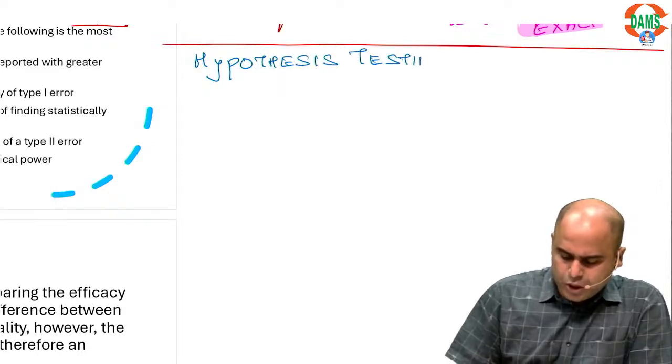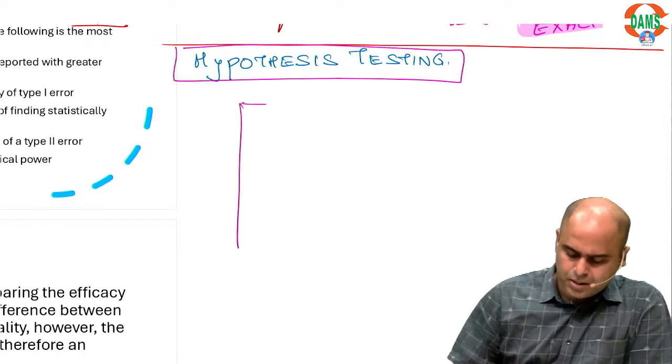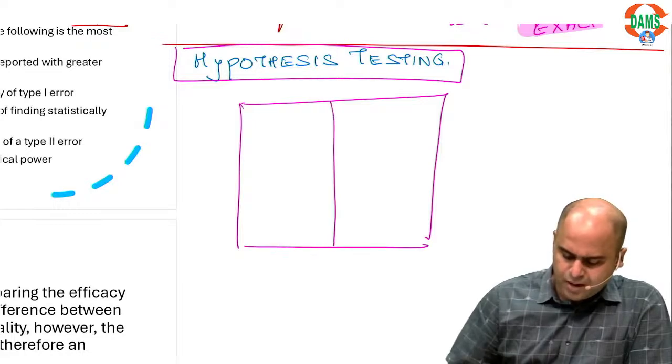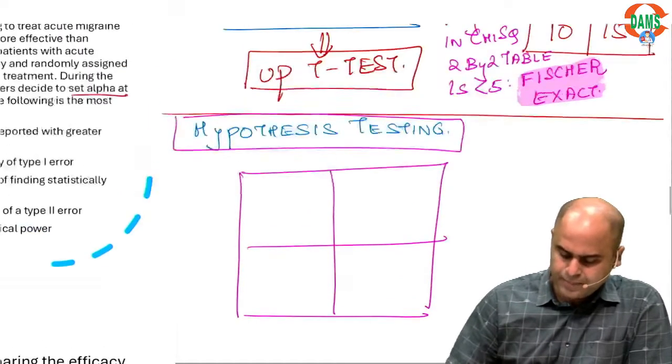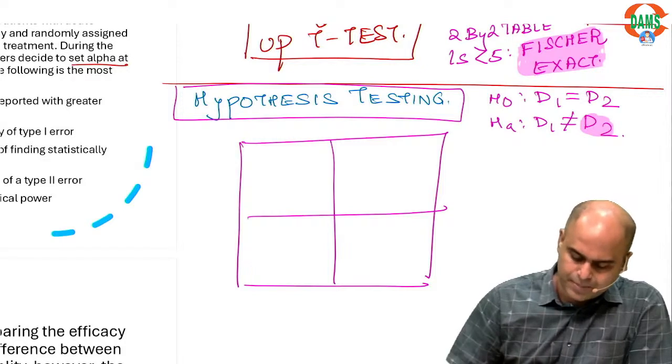So when we talk about the hypothesis testing table, we have a 2/2 table again. Null hypothesis, suppose drug 1 equal to drug 2. Alternate hypothesis, drug 1 not equal to drug 2, and suppose drug 2 is better.